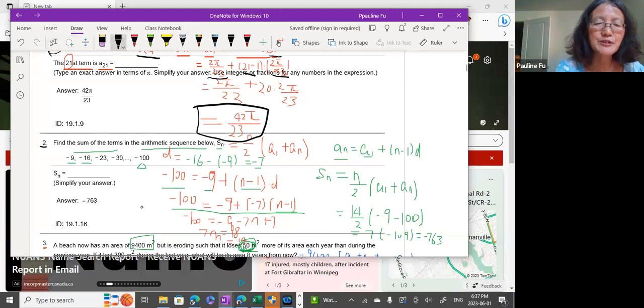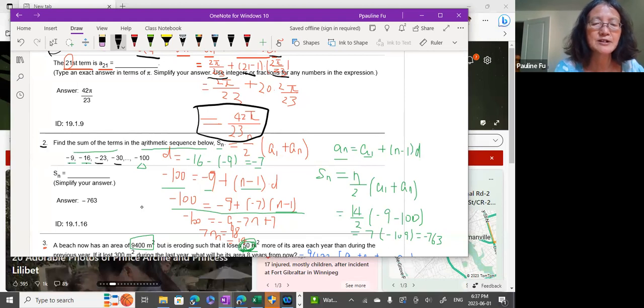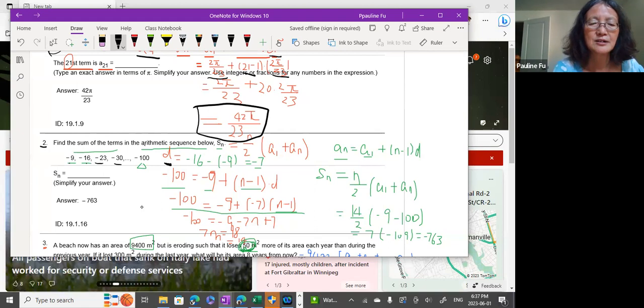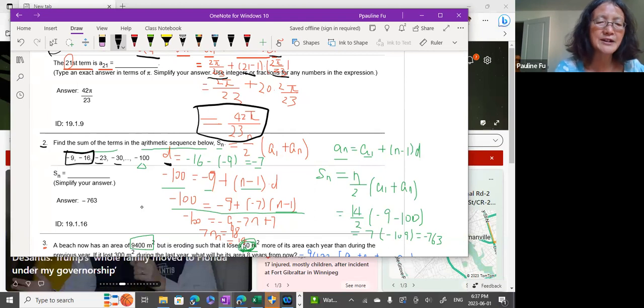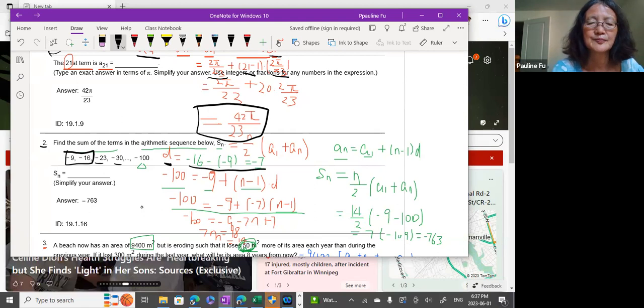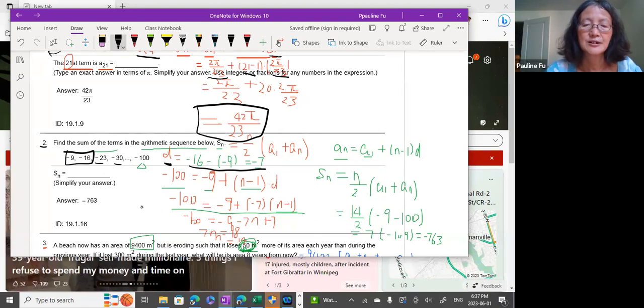This is an arithmetic sequence, and you are given some items already. The first step, find d. Remember, d is the difference between two adjacent numbers. So you use negative 16 minus negative 9, that is d.